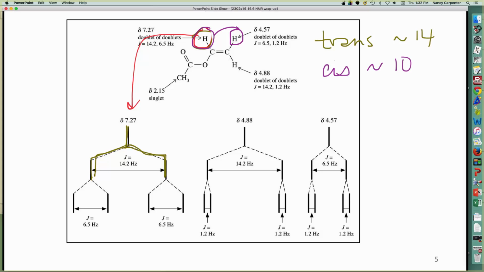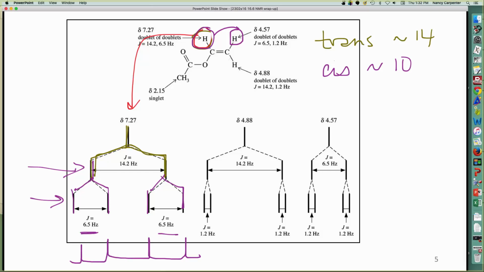And so each one of these signals is then split again with a smaller coupling. In fact, that coupling is not even as big as 10 hertz. According to this, it's 6.5 hertz. So what we end up with here is a pattern that looks like this, and it's called a doublet of doublets.